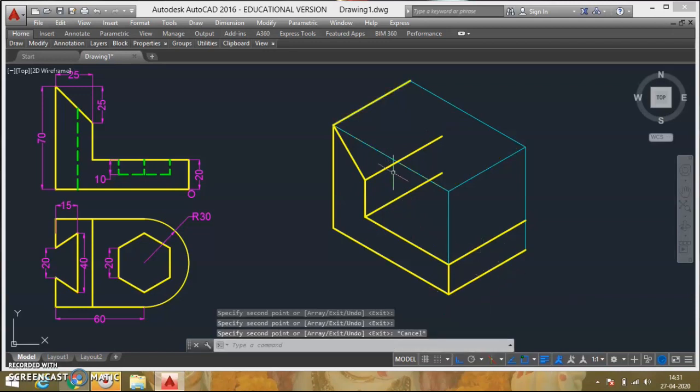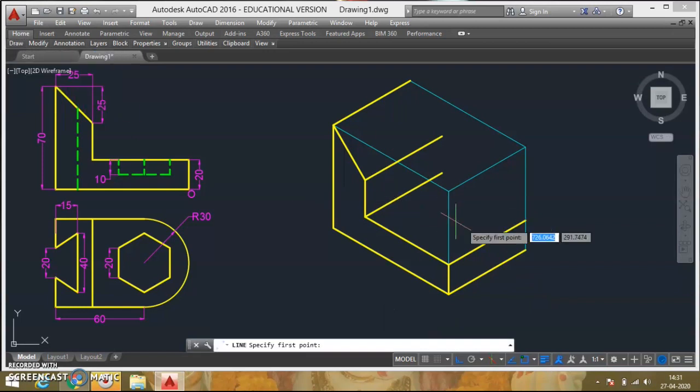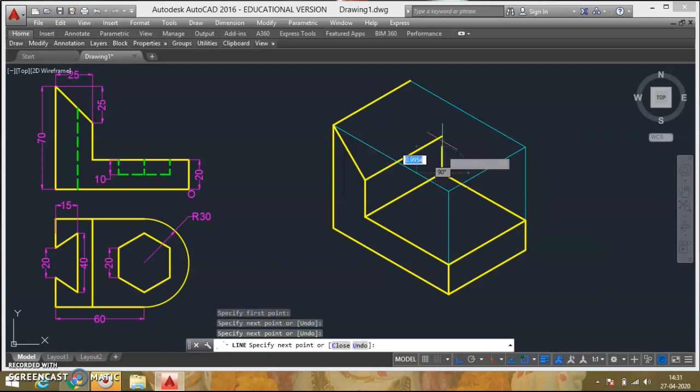So I'll get a parallel line passing through all the points and then I'll join it. For example, from here to here, then to this point, then to this point, and then to this point. So with this, you got the solid ready here with this front view only. You don't know about the top view yet. Only from the front view we have drawn this figure.